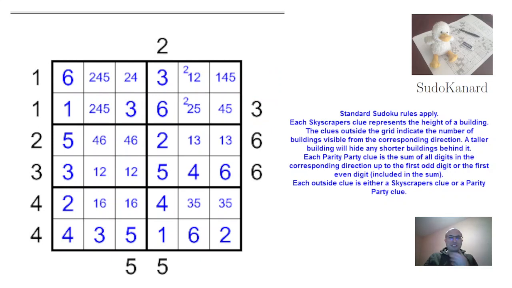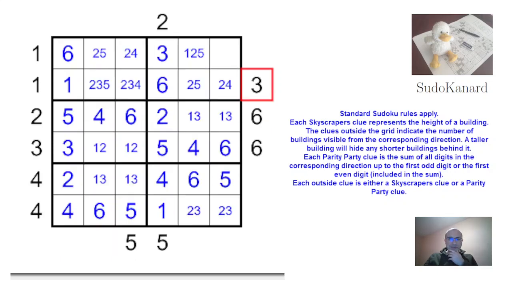All my stuff was completely wrong. But now, would a 3 here work? What happens with a 3 here? And let's disregard this 3. 4 wouldn't work, so it has to be a 2.